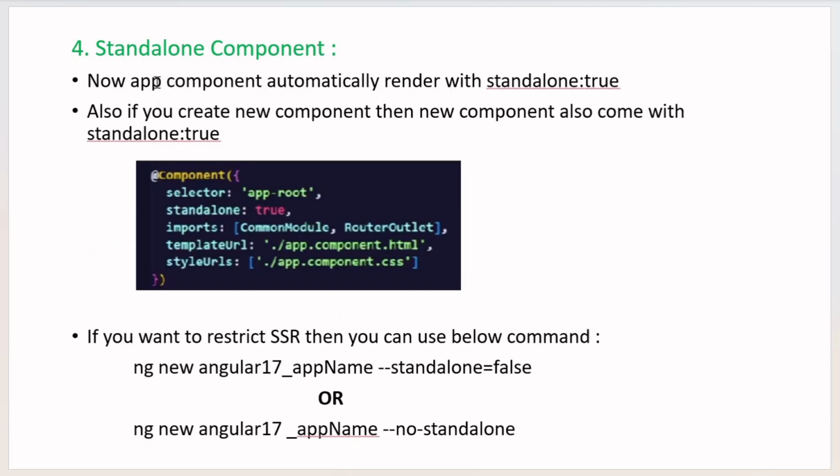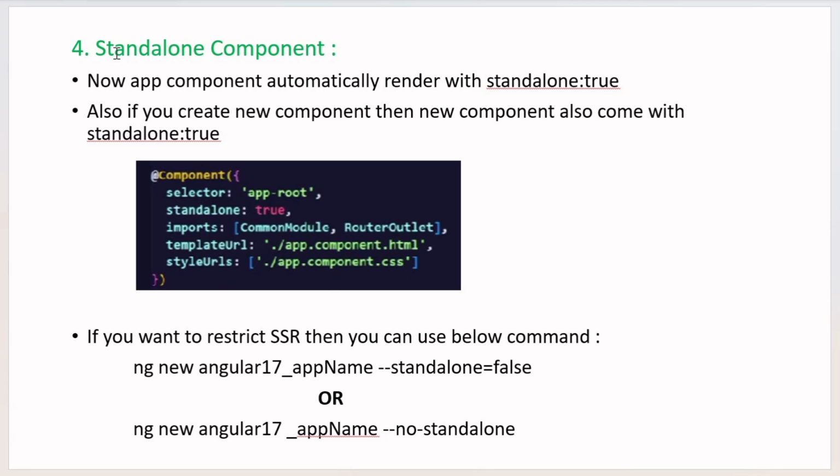Then the fourth feature is standalone component. The standalone component is also a very important feature, I can say, in Angular 17. Once you create a new application, the app component is automatically rendered as a standalone true component. And there is no app.module.ts file in the application.